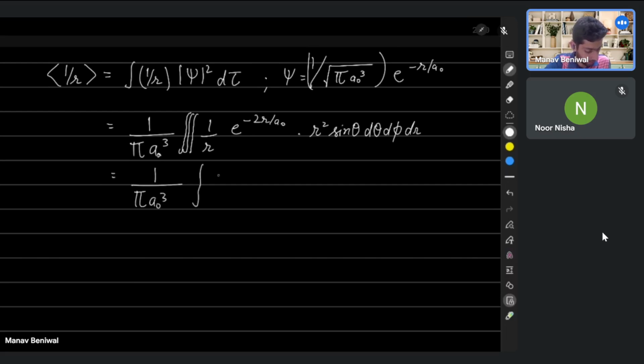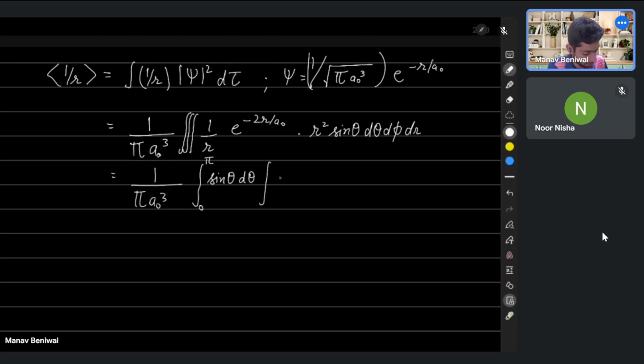So here we have the integral of sine theta d theta, and theta goes from, actually, 0 to pi.